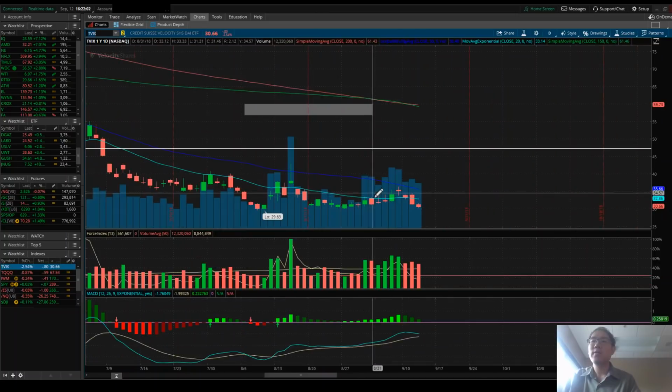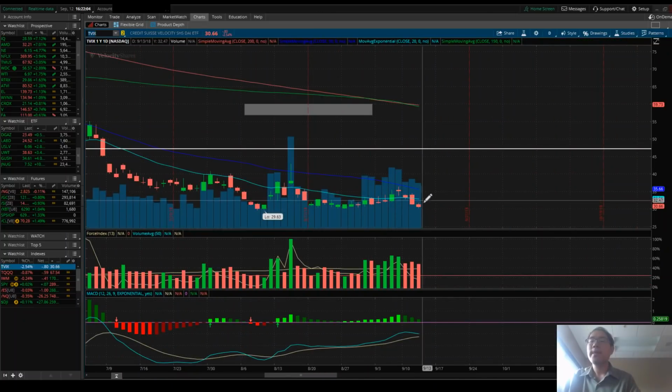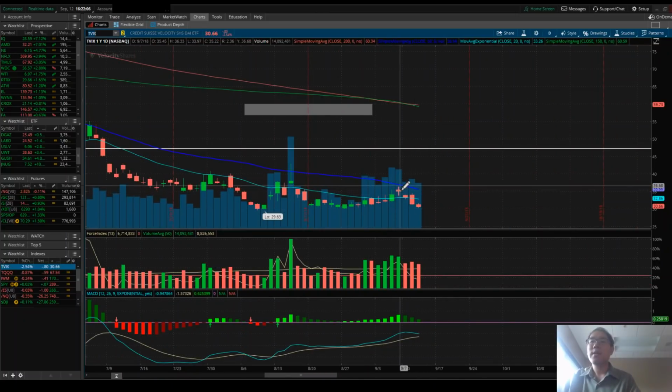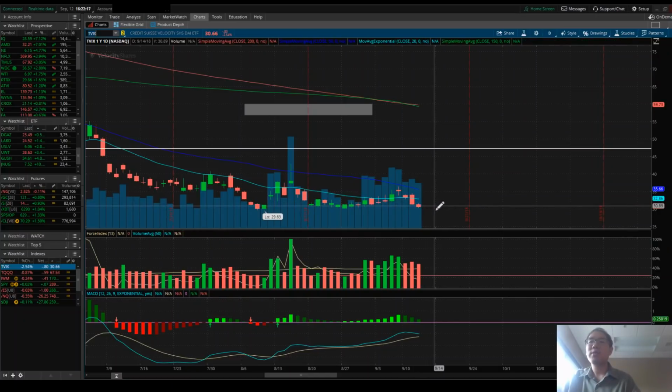Looking at TVIX, or volatility, on the yearly chart, you guys can see how volatility came down and went to the 20-period moving average. Yesterday it broke below, and today we continued that progression lower. Is that surprising? That's really not surprising.